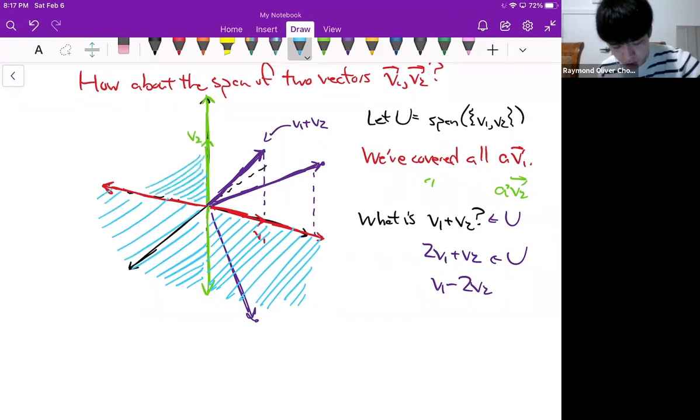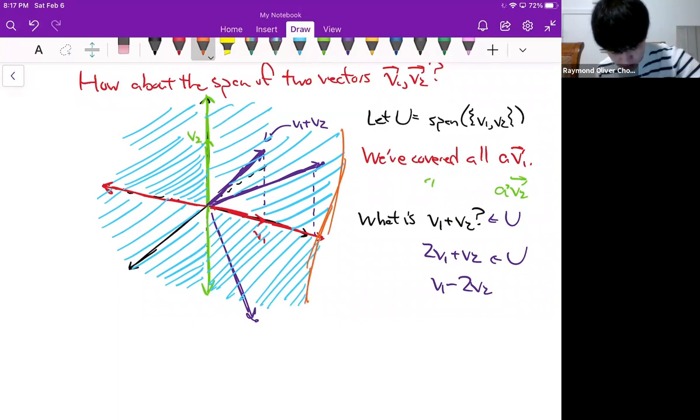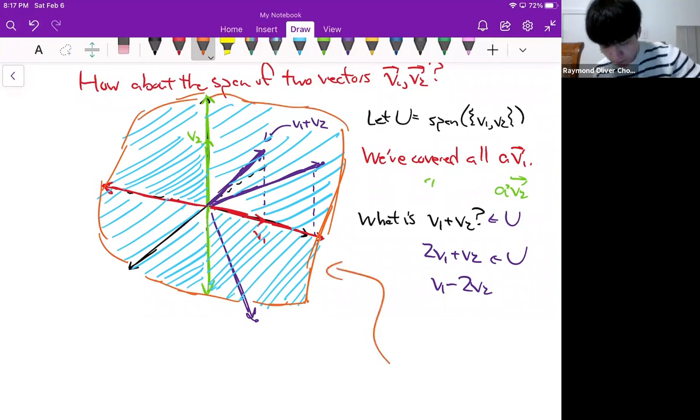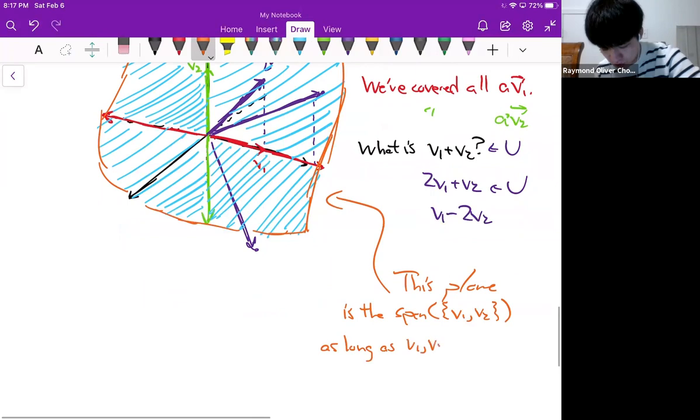Because two vectors determine a plane, unless they're collinear, and then you cry, but they're not. So this plane, and I'll try my best to draw this, this plane is the span of v1 and v2, as long as v1 and v2 are not collinear.